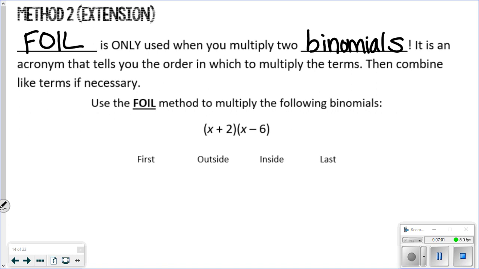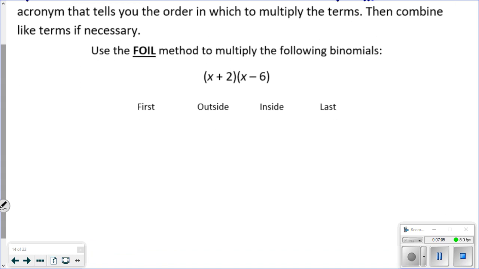Okay, so what we're going to do is look at this example, and we're going to use the FOIL method. FOIL stands for first. Just like distributing, we would do x times x. And I'm going to write this out for you, but in the future it's going to get faster.